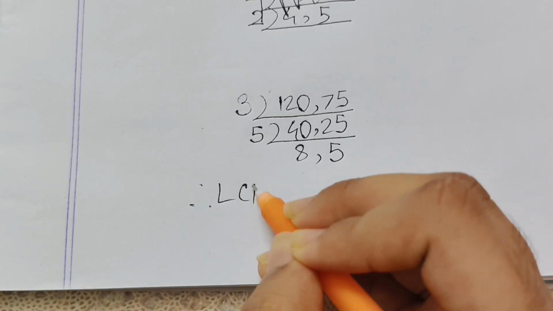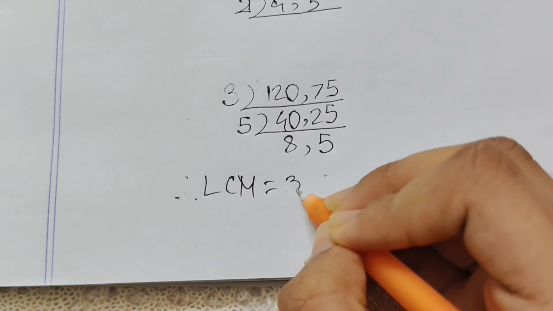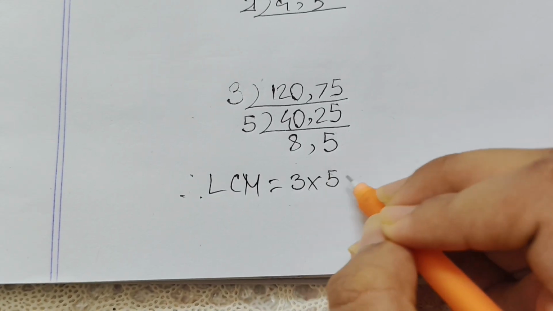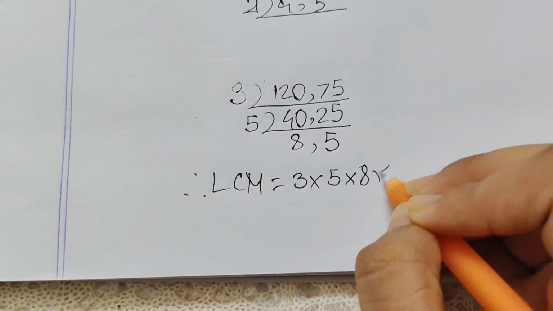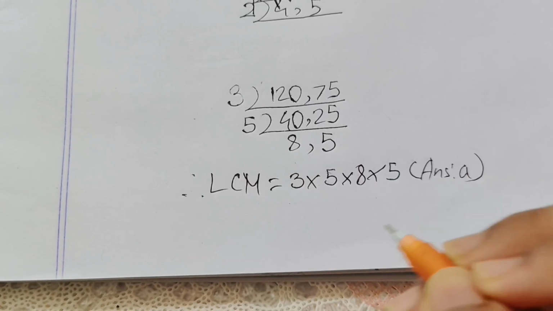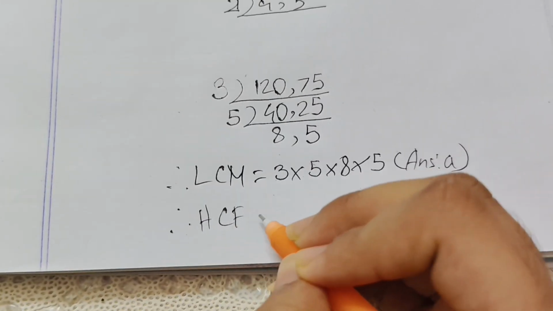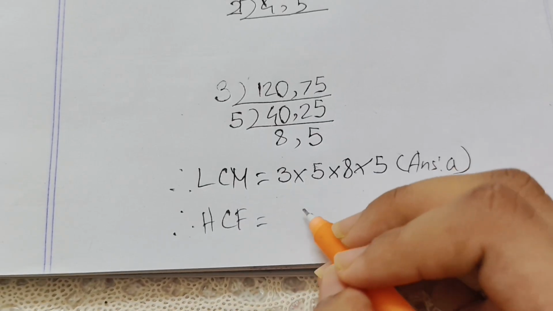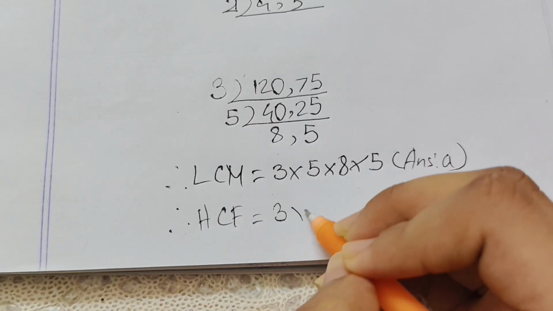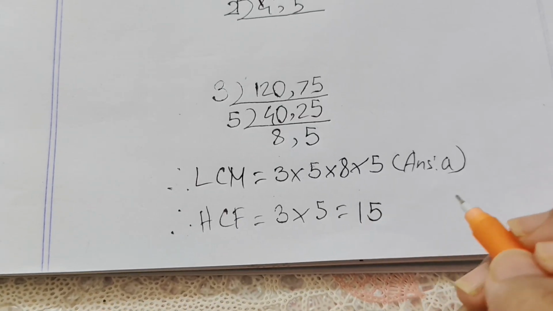Therefore, LCM is equal to 3 times 5 times 8 times 5. And HCF equals 3 multiplied by 5, which is 15.